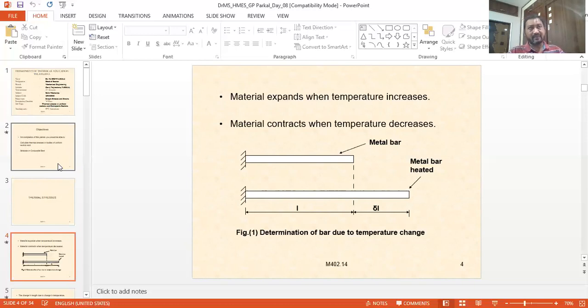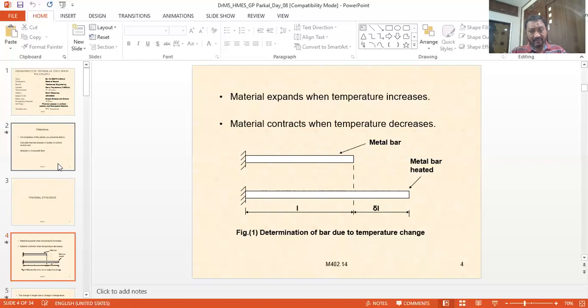This is a fundamental thing: heating causes expansion, and cooling or decrease in temperature causes contraction. The amount of expansion and contraction will depend on some factors, which can be discussed later.